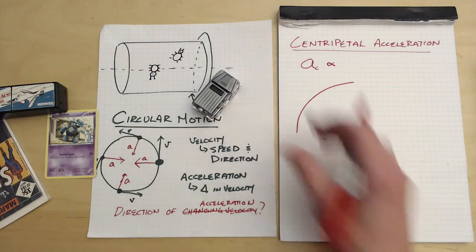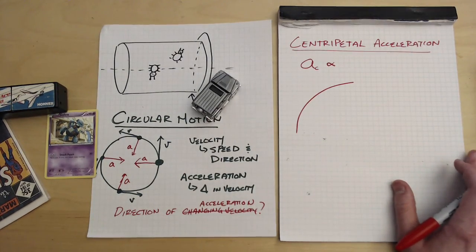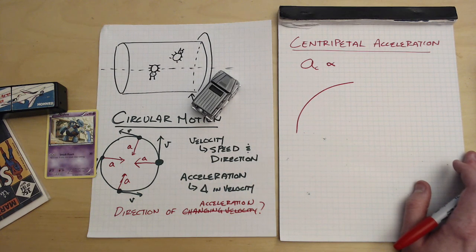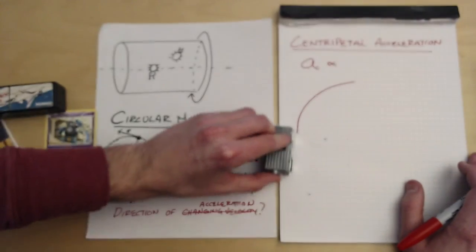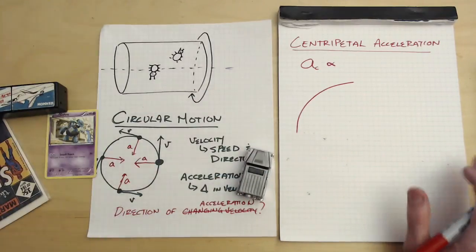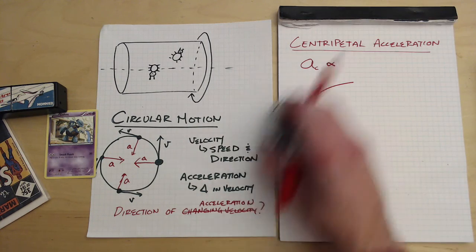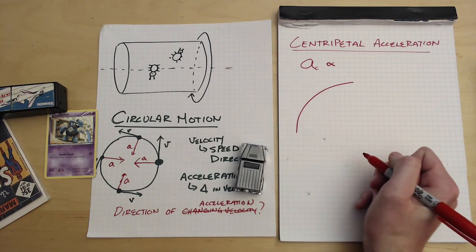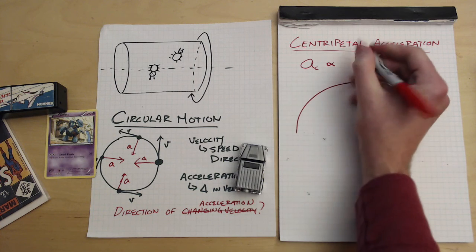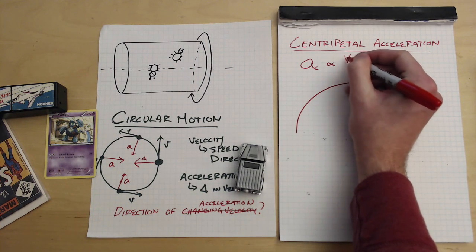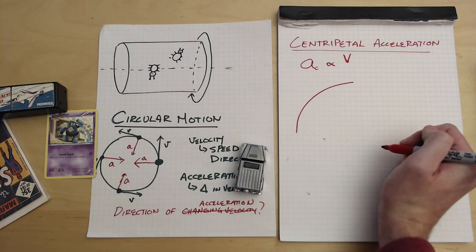Well, you're probably going to feel a greater centripetal acceleration. You're going to be thrown against your car door a little bit harder if you're going faster. So that means the greater the velocity that you take a corner, the greater the centripetal acceleration. And that means that they share a directly proportional relationship.